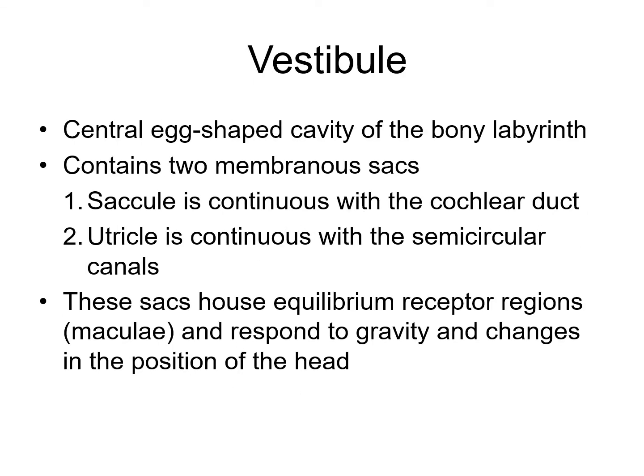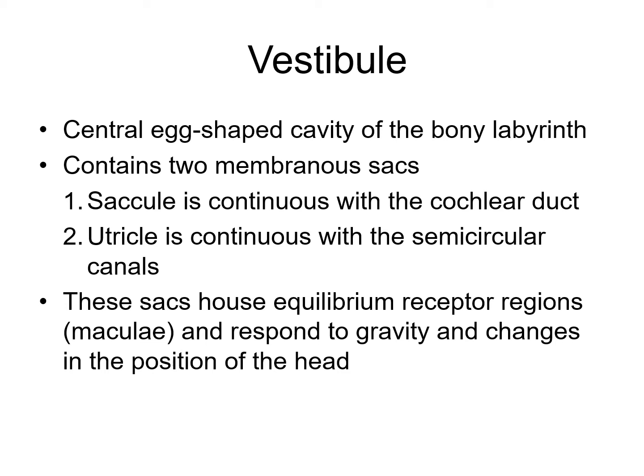Now, the vestibule is a central egg-shaped cavity within the bony labyrinth, and this is really an organ of equilibrium rather than hearing. So it contains two membranous sacs, the saccule, which is continuous with the cochlear duct, and then the utricle, which is continuous with the semicircular canals. And these sacs are going to house equilibrium receptor regions known as maculae that respond to gravity as well as changes in the position of the head.